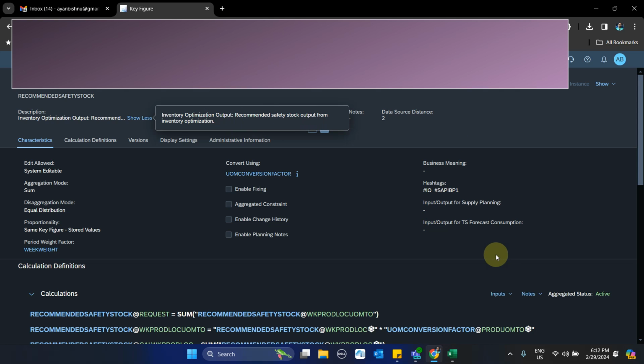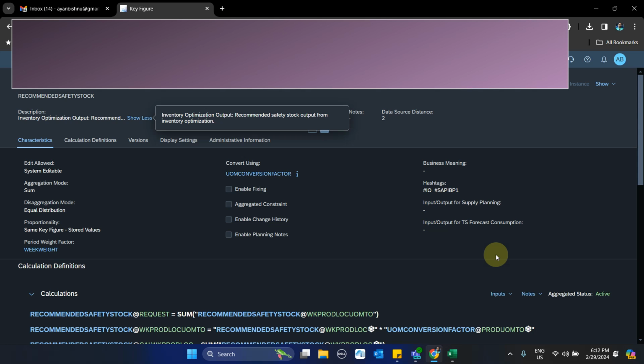Based on all these criteria, it calculates and tells me, at a particular product location combination and at a particular weekly bucket, how much safety stock I should have in order to ensure that I am in a position to meet the target service level that I have set for a particular product location and customer group config combination.